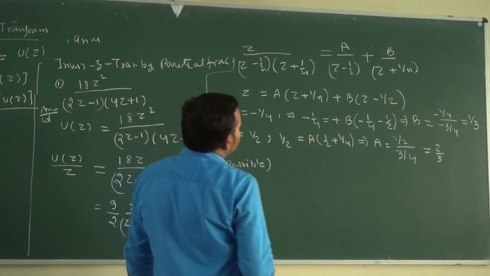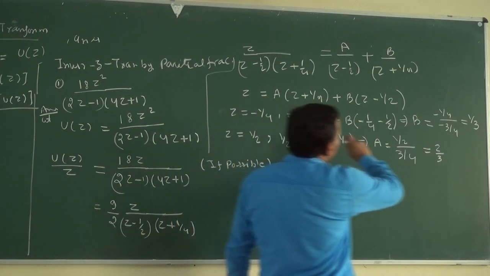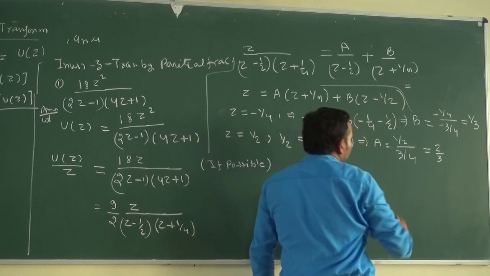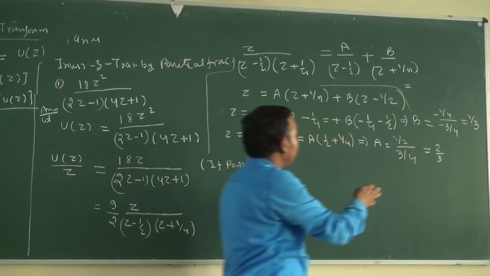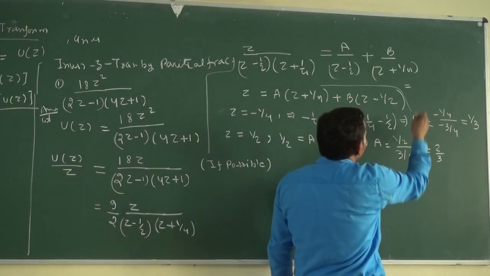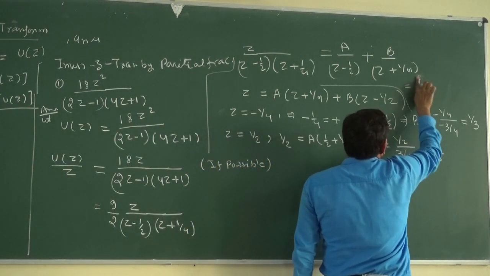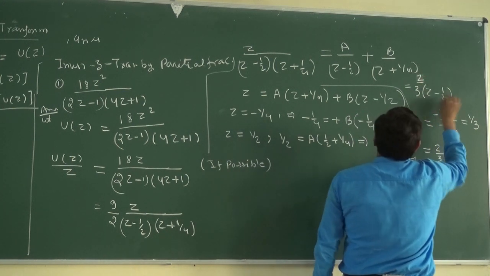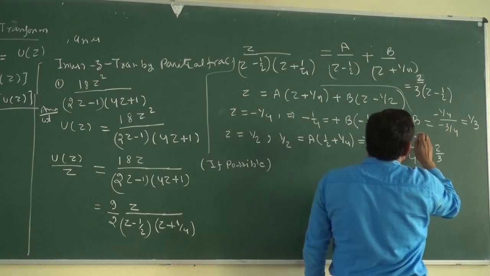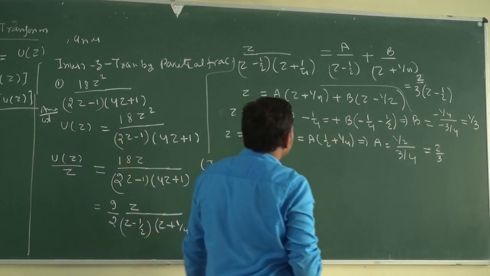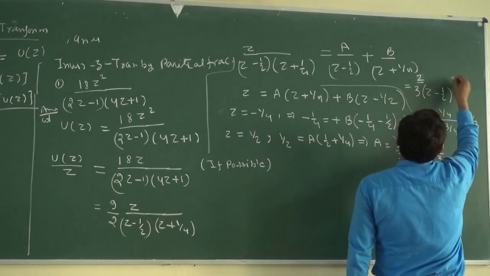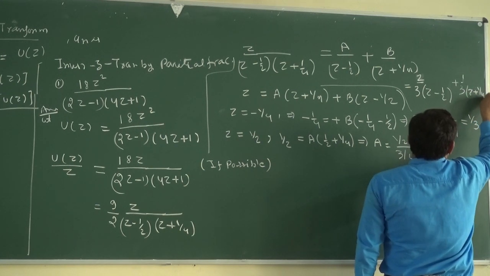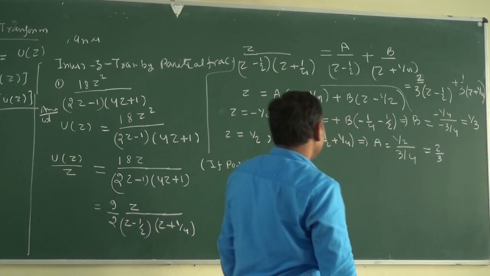So after getting the values of a and b, the expression can be written with a as 2 upon 3 over (z minus half) and b equal to 1 upon 3, plus 1 upon 3 over (z plus 1 upon 4).